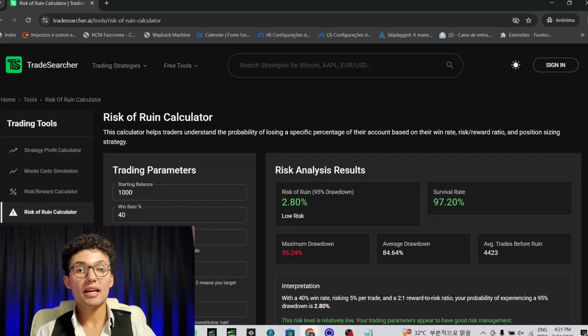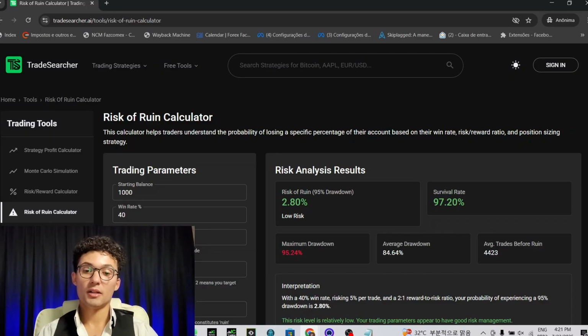So, now we have some very interesting number. If you risk 10%, it's 100% sure that you blow your account with this strategy. But if you risk 5%, you have just 3% of possibility of blowing your account. Now it became very interesting because you're risking an amount that you'll be able to make some money.